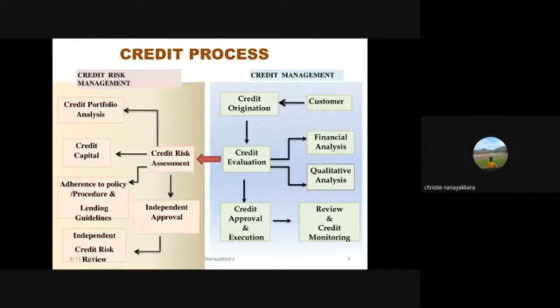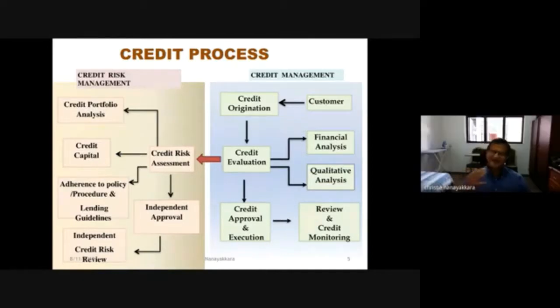You need to mention all that in your appraisal form. That way, your credit risk management division will understand you have followed the procedure laid down by the bank and the policy.